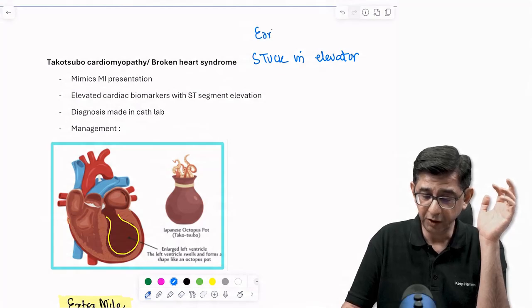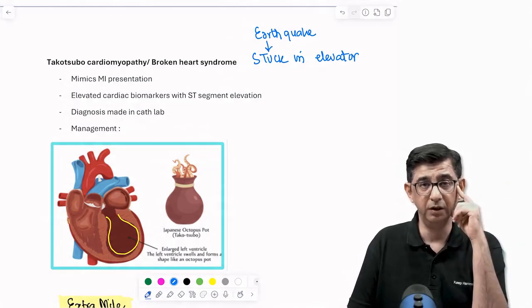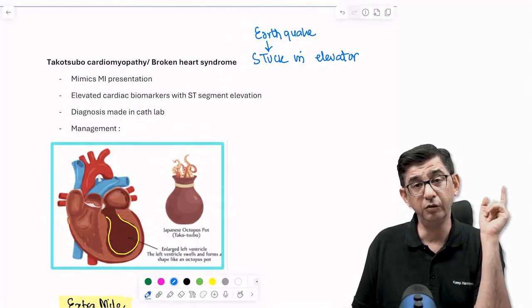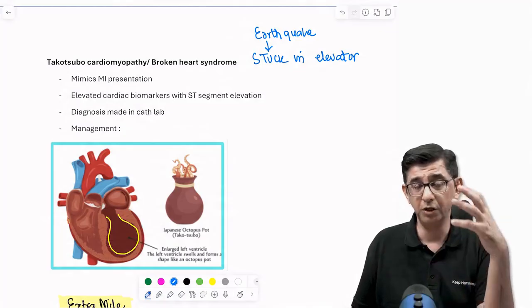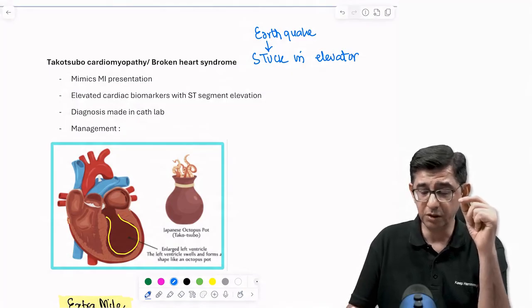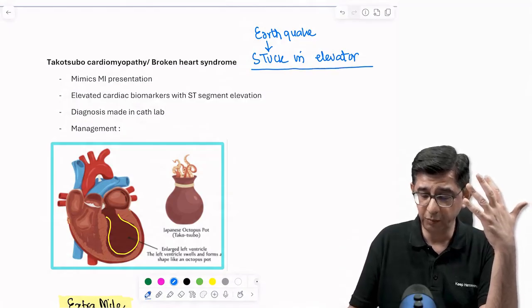This patient made the grave mistake: the earthquake is happening, and the person ran into an elevator, and suddenly the electricity went away. The whole elevator is shaking vigorously on the 30th floor. The elevator can fall at any point of time and the patient will be exposed to a life-threatening situation. So an earthquake and being stuck in an elevator is one situation where a person will be exposed to life-threatening illness.